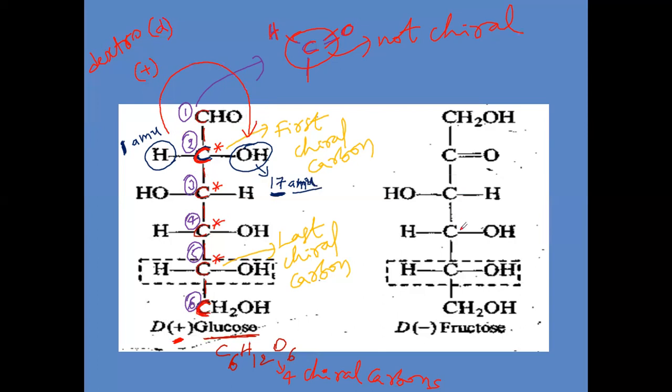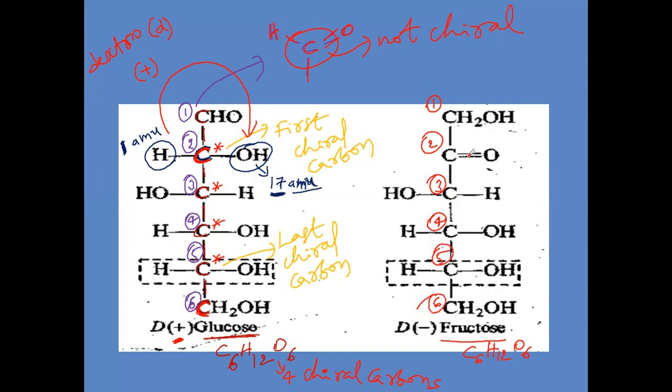Now check the fructose. In case of the fructose molecule, the formula is again the same, C6H12O6. Now here, how many chiral carbons? The first one is not chiral. It is the first carbon, second carbon, third, fourth, fifth, and sixth. This one is not chiral. Why?